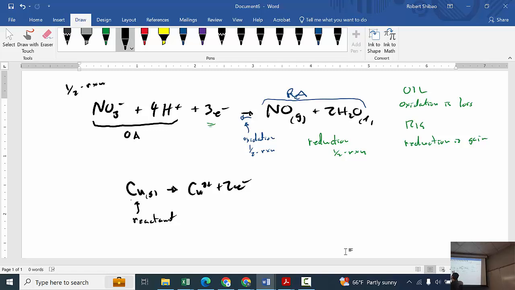Nitrate only wants 3. And so what I'm going to do then is double the nitrate. So if I double the nitrate, I get 2, 8, 6. Well, 6 is too many. So I'm going to triple the copper. And if I triple the copper, then I get 6 electrons here.